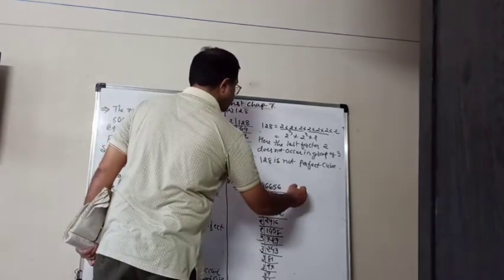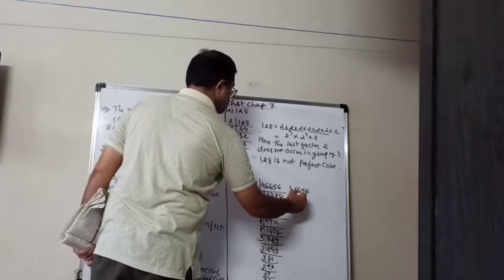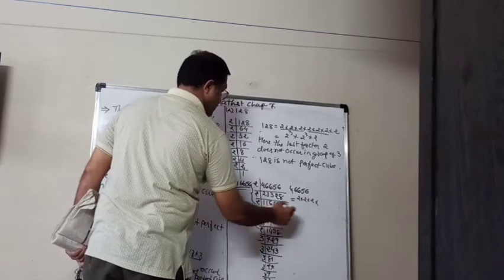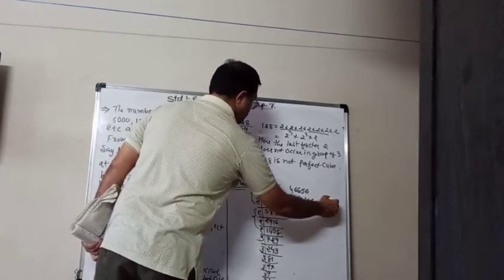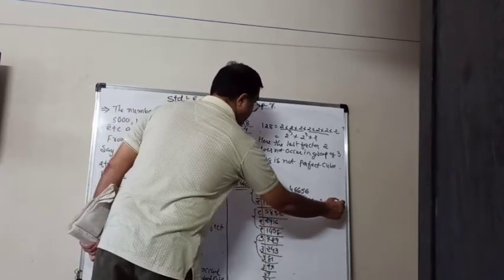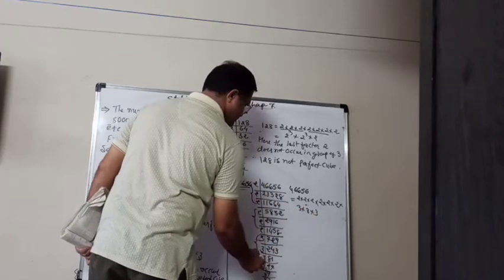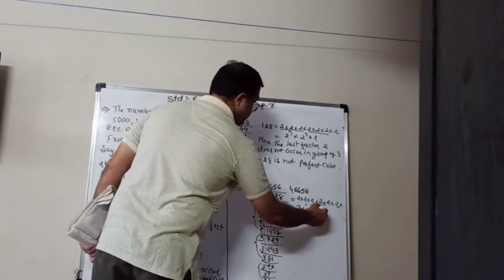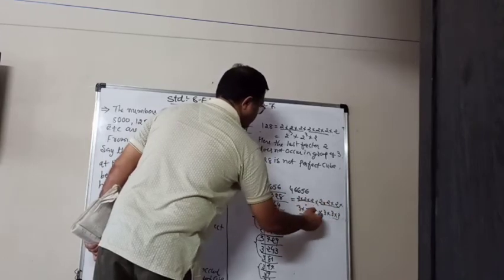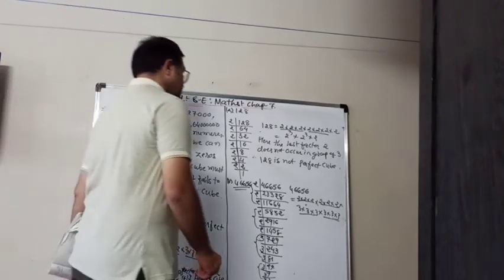So here 46656 is 2 multiplied by 2 multiplied by 2, again 2 multiplied by 2 multiplied by 2, multiplied by 3 multiplied by 3 multiplied by 3, and again 3 multiplied by 3 multiplied by 3. So you can see that all the prime factors are in groups of 3.